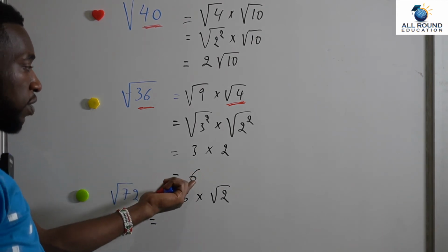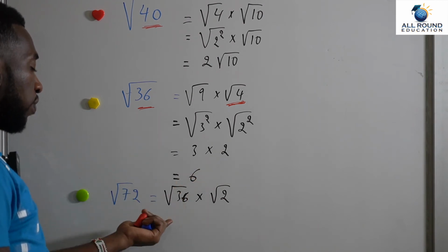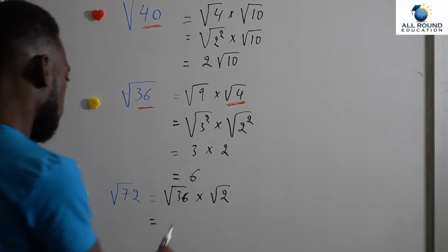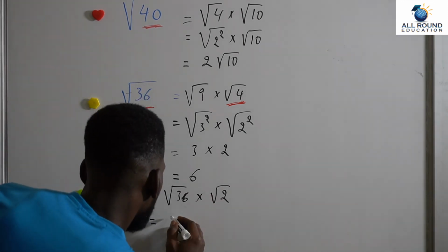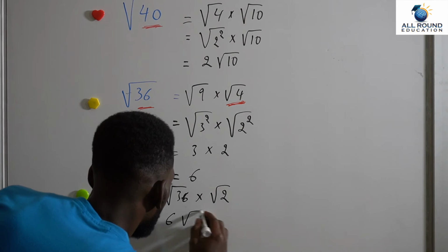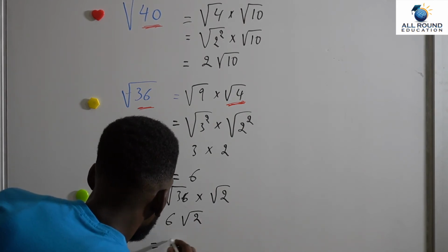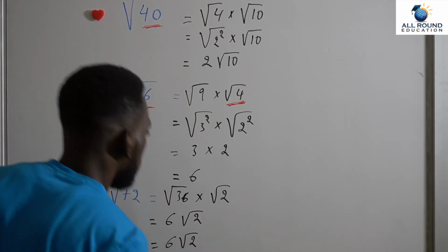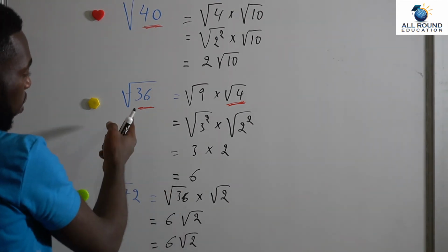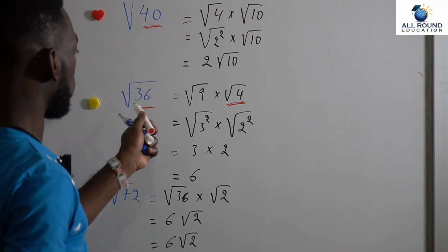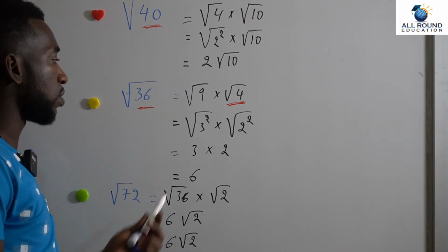We can use that answer to evaluate this, right? And so what you could then do is you have 6 here times the square root of 2, and basically your answer is 6 square root of 2. However, this is because we have already evaluated this number with 36, and that's why it becomes easier.